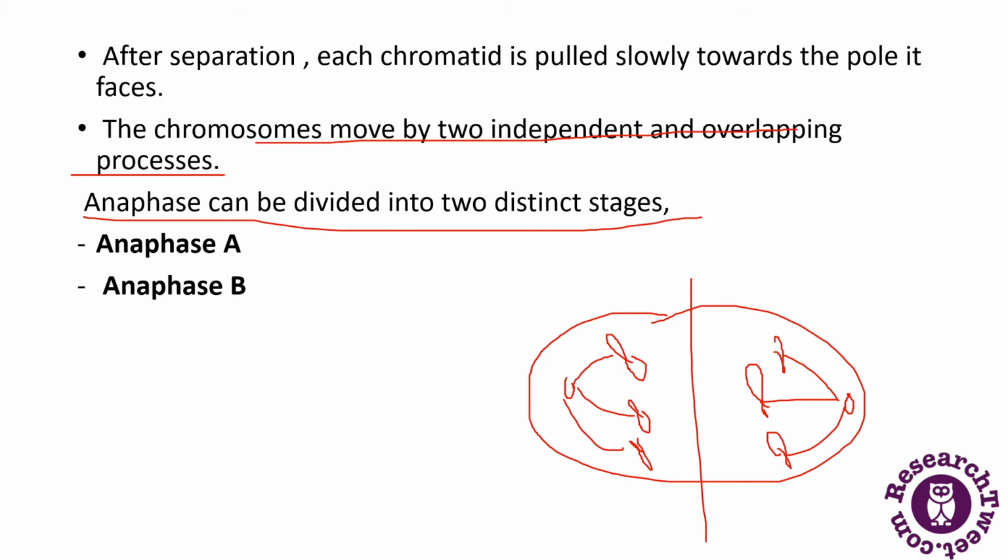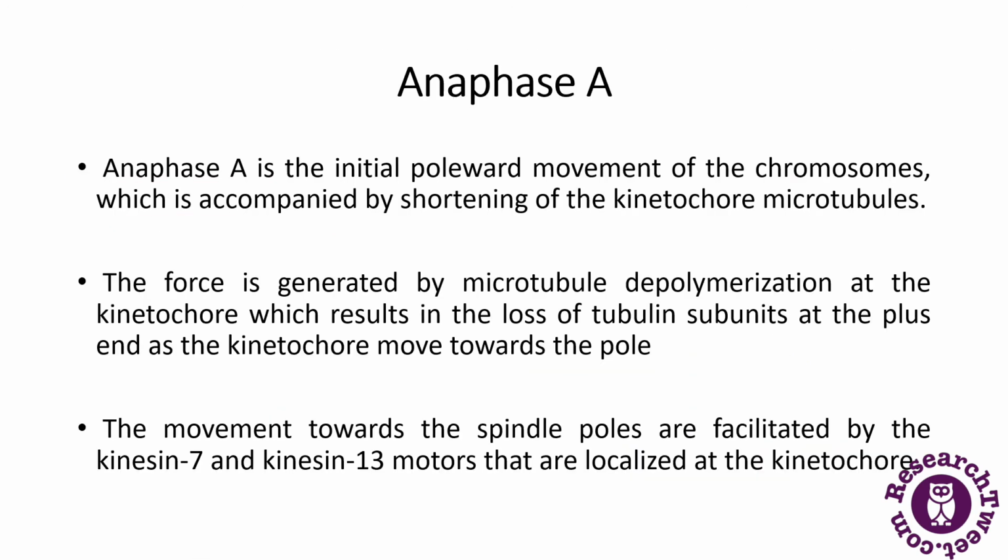Anaphase is divided into two distinct phases, anaphase A and anaphase B. What is happening in anaphase A? Anaphase A is the initial poleward movement of the chromosomes, accompanied by the shortening of the kinetochore microtubules.